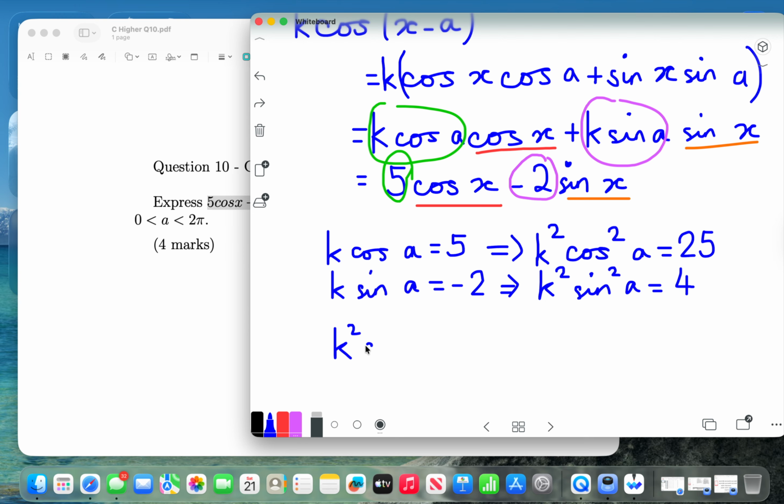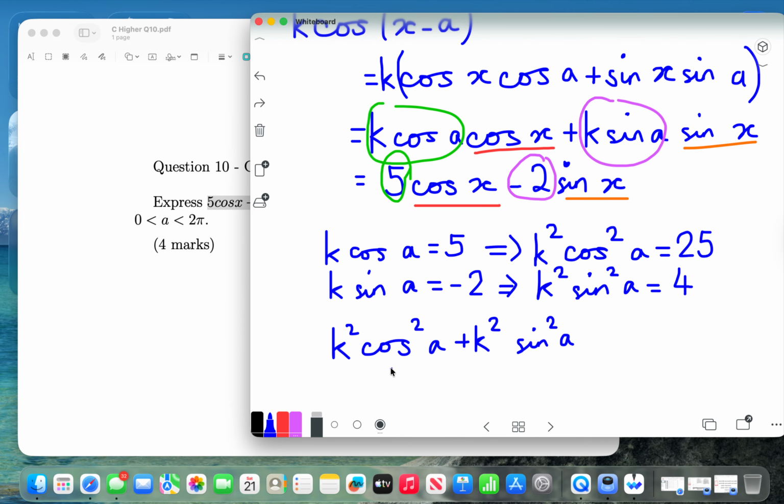If I add these together, then I can take a common factor of k squared, and in the brackets we get cos squared a plus sine squared a.